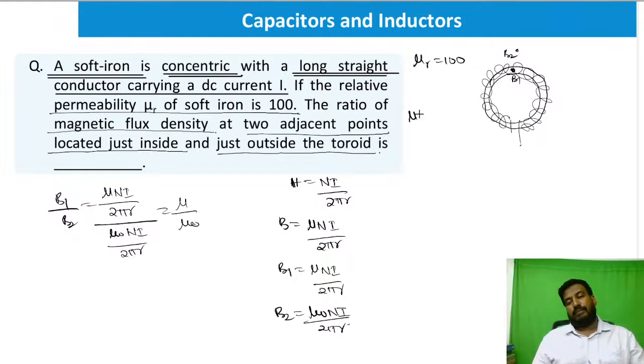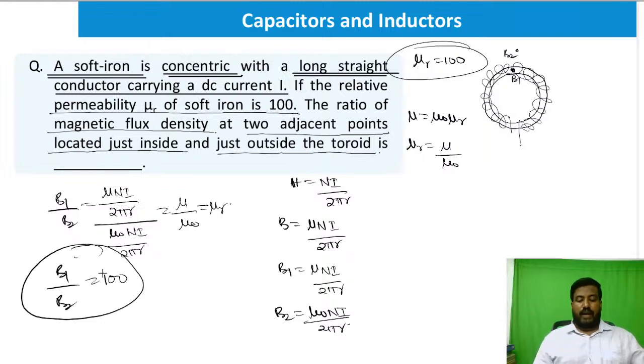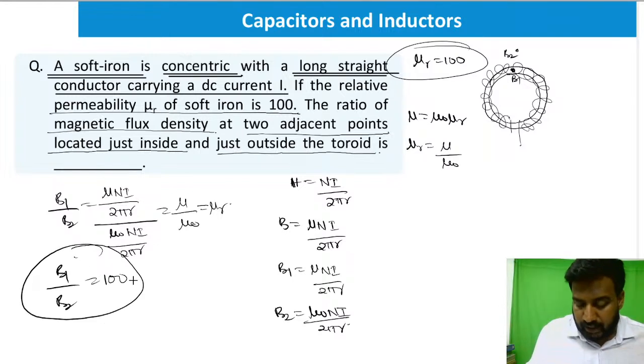We know mu is mu naught into mu r. From this, mu r is mu by mu naught. You know mu r is 100. For this ratio, B1 by B2 must be how much? 100. Clear?